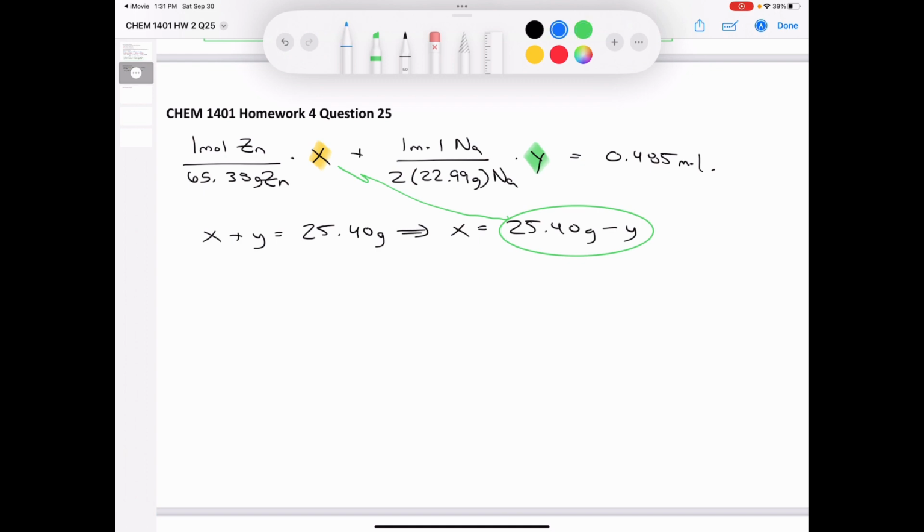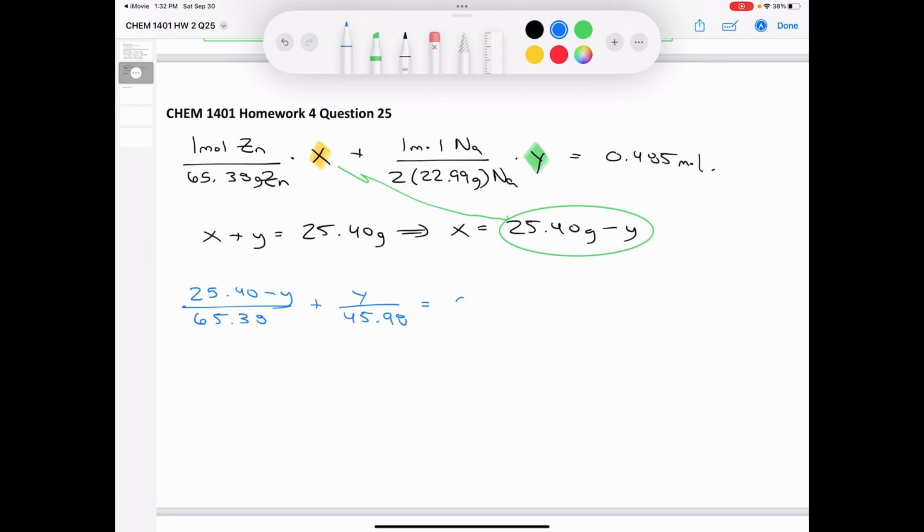Now I'm going to simplify it a little bit by leaving out grams and moles, because we're just going to solve this thing for Y. So we're going to say (25.40 minus Y) over 65.38 plus Y over 45.98.